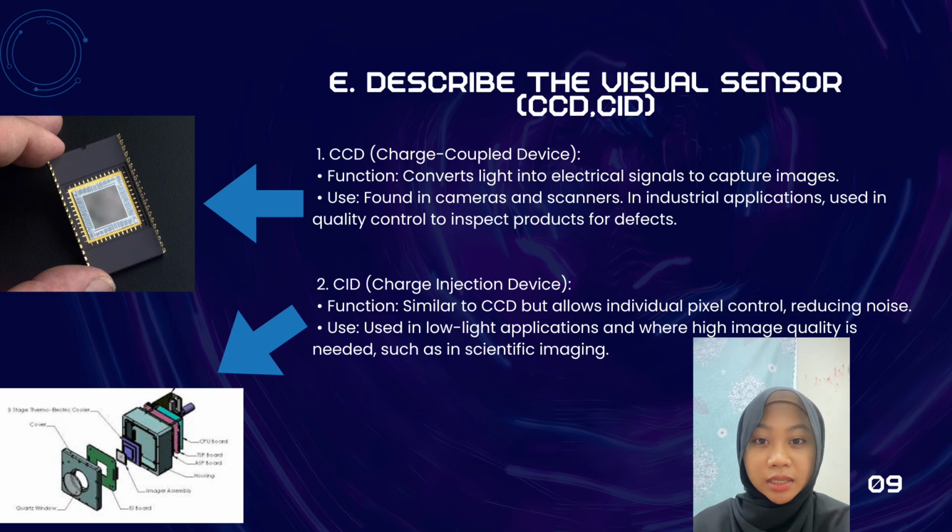In industrial application, used in quality control to inspect products for defects. CID is charge injection device. The function is similar to CCD but allows individual pixel control and reducing noise. It is used in low light application and where high image quality is needed, such as scientific imaging.